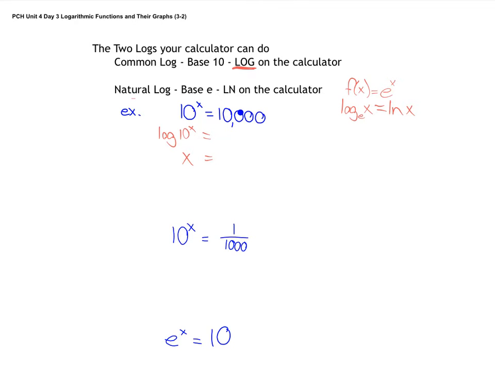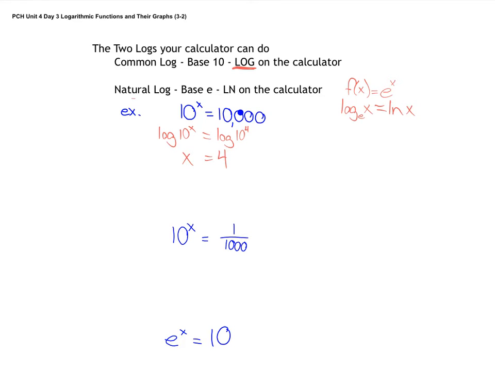Now, if I'm going to do that on the left side, I have to take the log base 10 of 10,000. But if you think about it, 10,000 is actually 10 to the 4th power. Okay? So really we're asking, what exponent of 10 will give us 10 to the 4th power? Well, of course, 4 will.